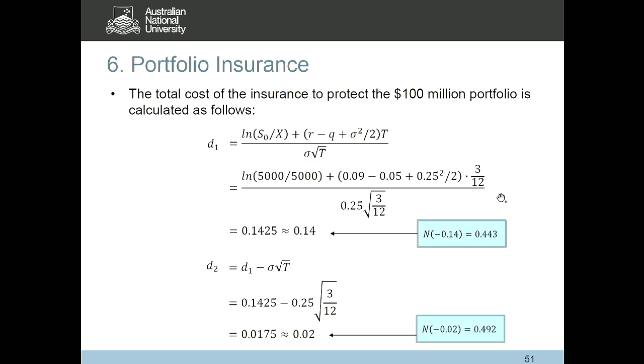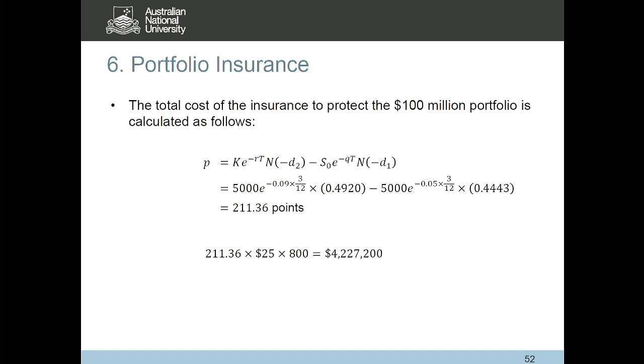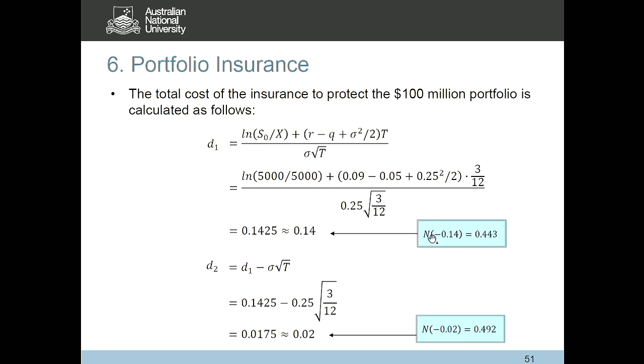So 3 on 12, we can work out D1 is 0.14. But remember, this time we are pricing a put option. So the inputs for the put option are N(-D1) and N(-D2). So you have to put the minus sign in front of D1, and you go to the table with the negative figure, and you'll find the corresponding probability for negative 0.14 is 44.3.